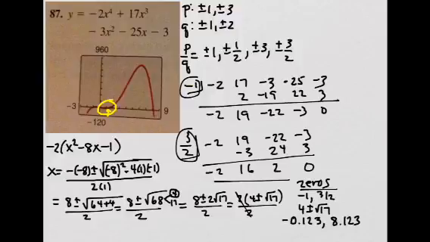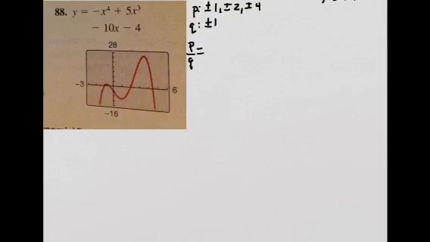So if you look at the graph, it pretty much, that's what it tells us, right? 8.123 is the number, that's where it crosses over here. And then -0.123, I covered it up, let me just erase this here. -0.123 would be right here somewhere.